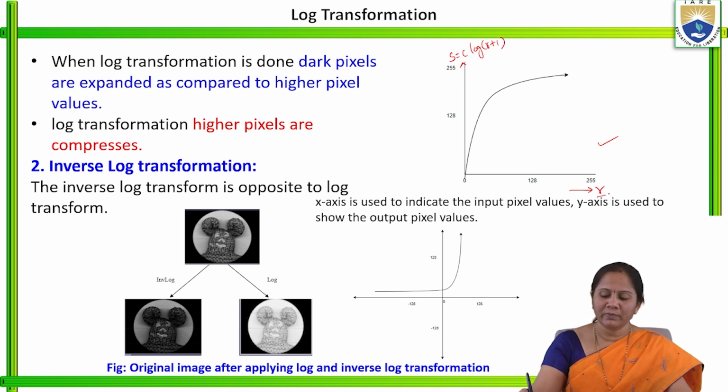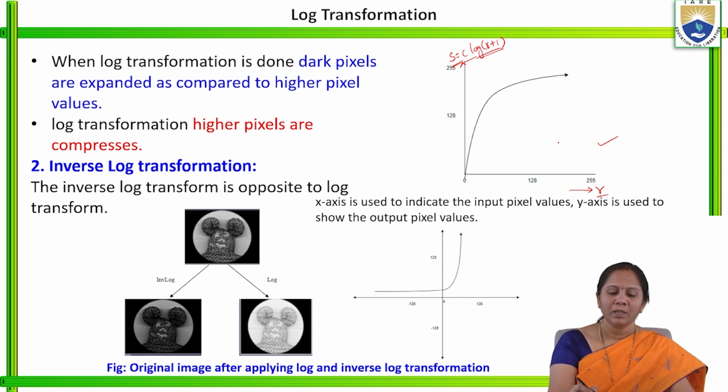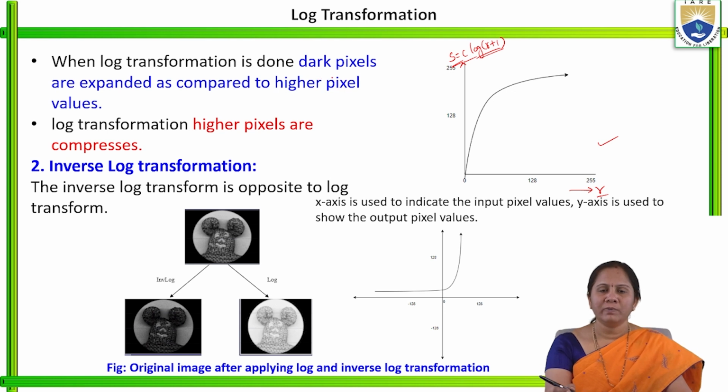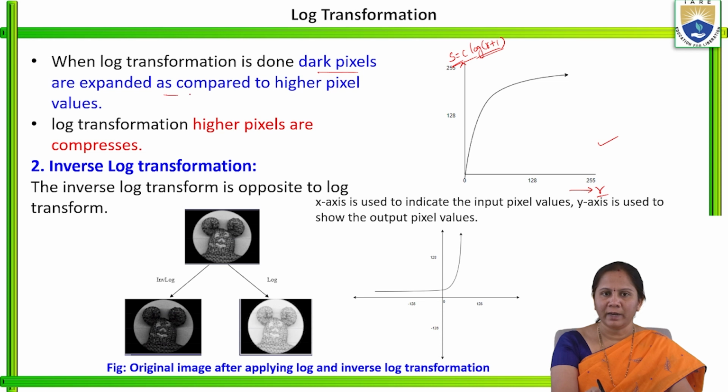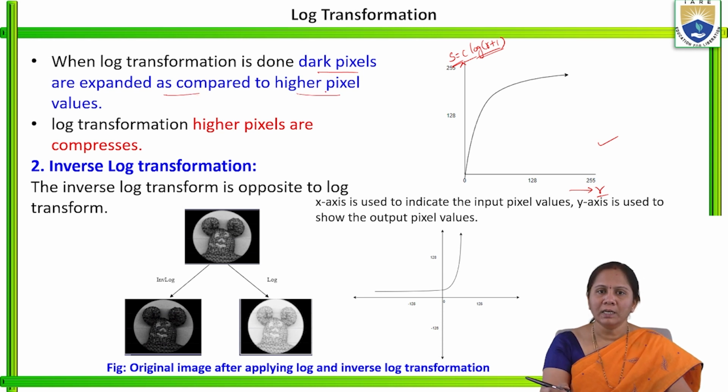If you substitute different values of R and plot the graph, it will look like this. What happens when log transformation is applied on the input image? The dark pixels are expanded compared to the higher pixel values.